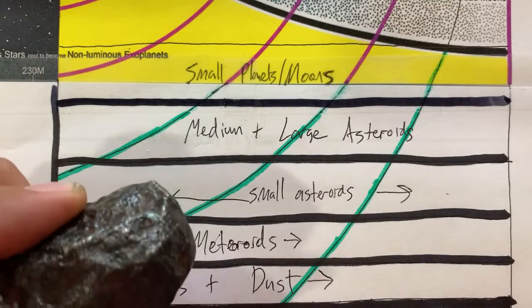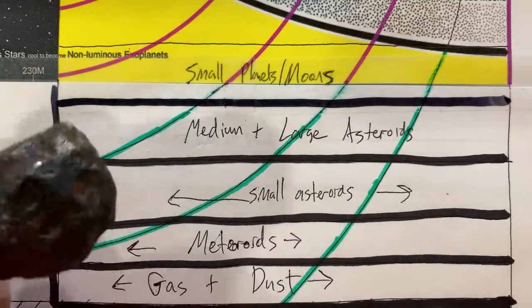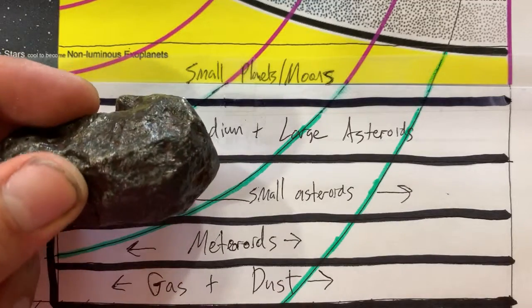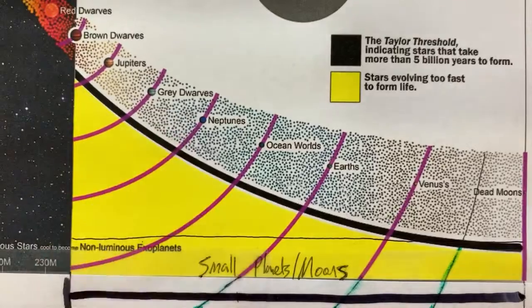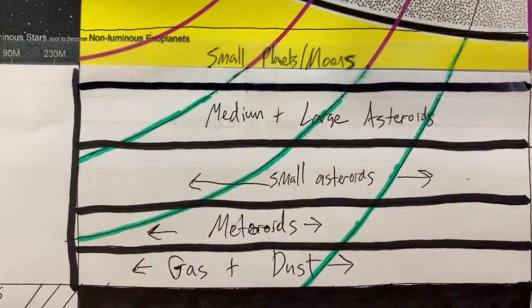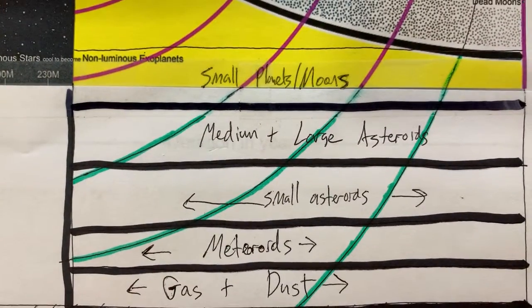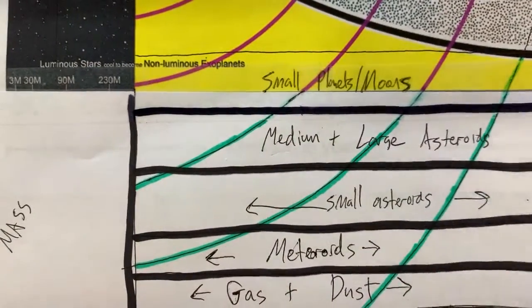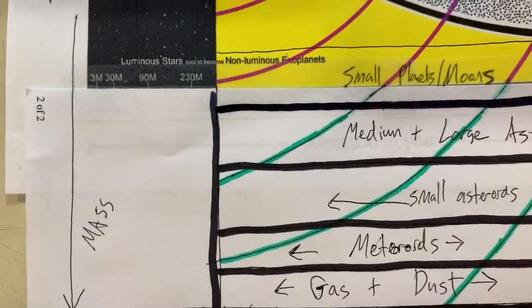Free iron particles floating in outer space, ionized iron particles, and whatever is in here will be completely obliterated over time or recycled into one of these objects up here. And the reason why it works like this is because this is the direction the mass goes. The mass goes down.